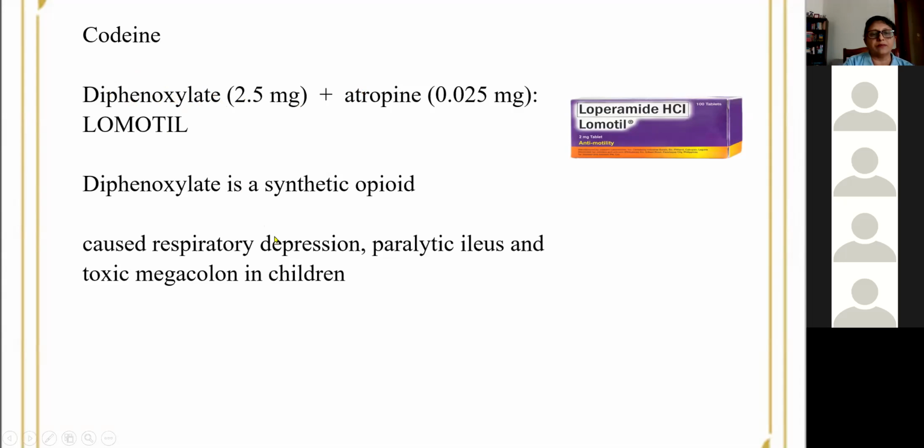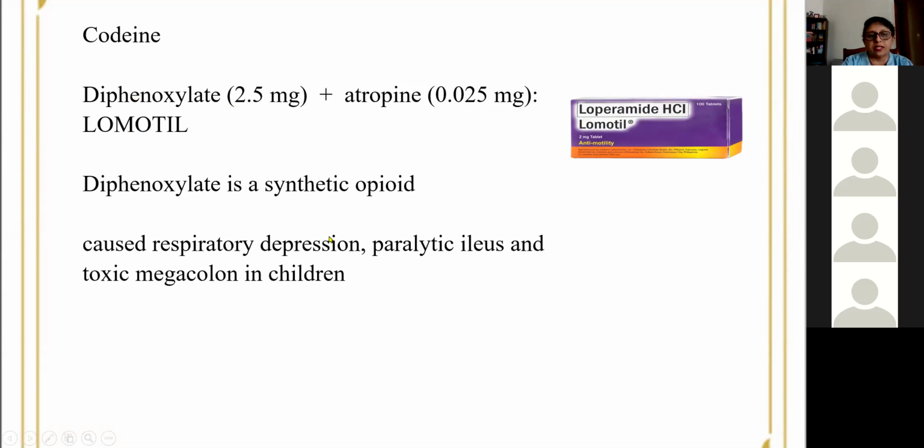But the problem is it can cause respiratory depression, paralytic ileus and toxic megacolon in children. So if you are going to take Lomotil for diarrhea, you have to be very careful. Only if it is very much needed, for example when you are traveling, for some emergency measures only, you go for Lomotil.